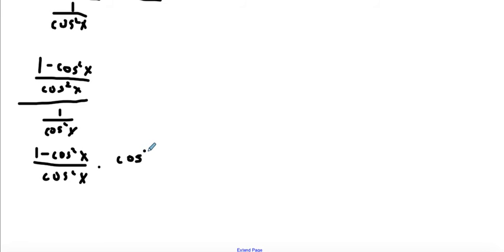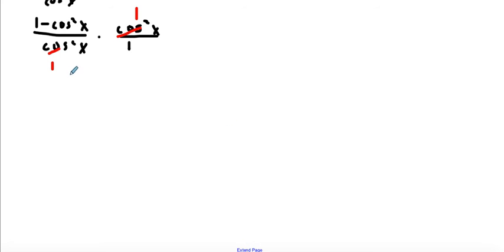So it was 1 over cosine squared x. Now it's going to be cosine squared x over 1. Now see if you can cross out anything that matches diagonally there or up and down. And I can see, hopefully you can see, this cosine squared x and this cosine squared x can cancel out. So now I'm just simply left with 1 minus cosine squared x.